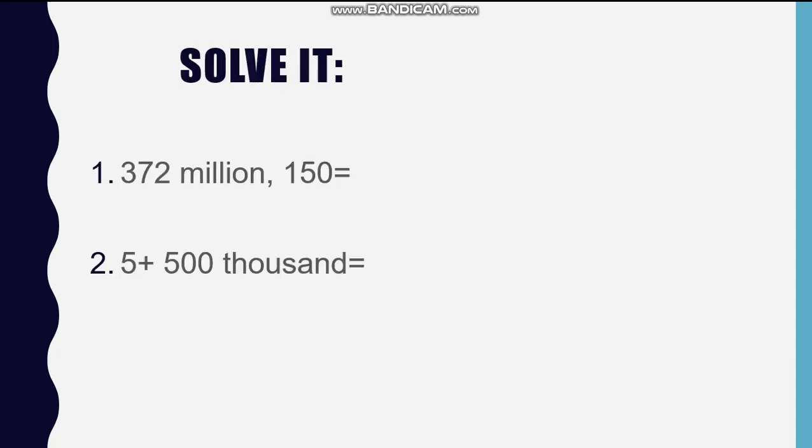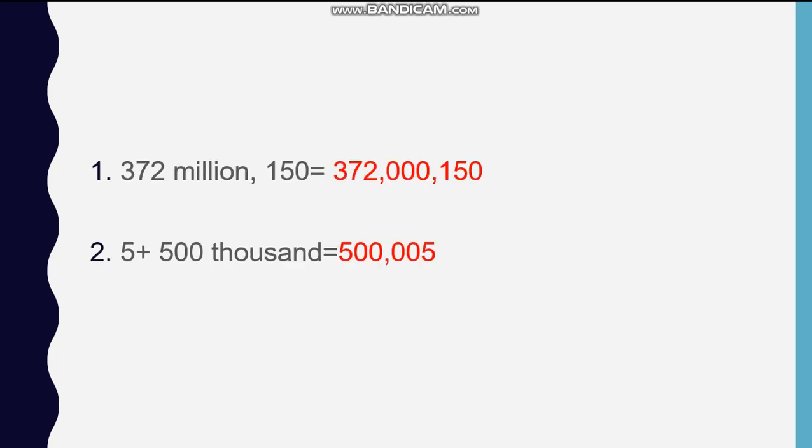Now solve this question. Just note down this question and try to solve. Here it is given 372 million plus 150 thousand. And the second question is 5 plus 500,000. How will you write that? You can see here on my screen 372 million is nothing but 372 with 6 zeros, then plus 150,000, and just add, you will get 372,150,000.